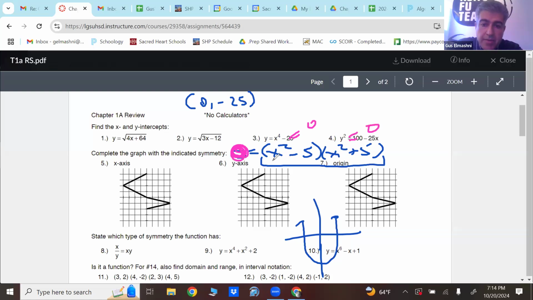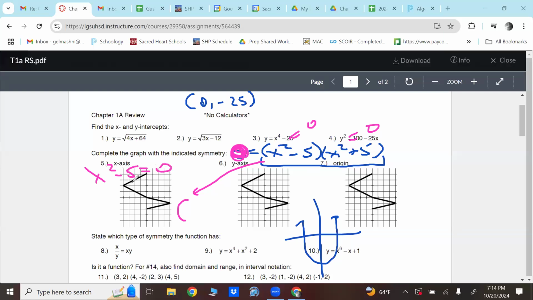So we'll start with the first factor. What would make that 0? If you set that equal to 0, x squared minus 5 equals 0. So we isolate x, what do you get?